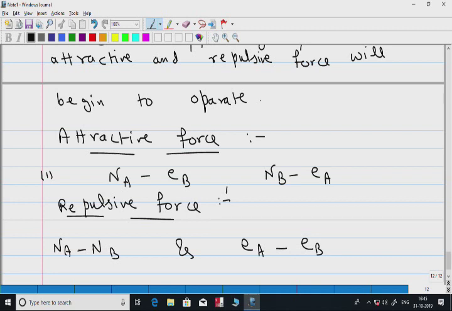And obviously, guys, electrons are present outside the nucleus in the orbit, so definitely they will suffer repulsive forces. Okay, so guys, these are the new attractive and repulsive forces.